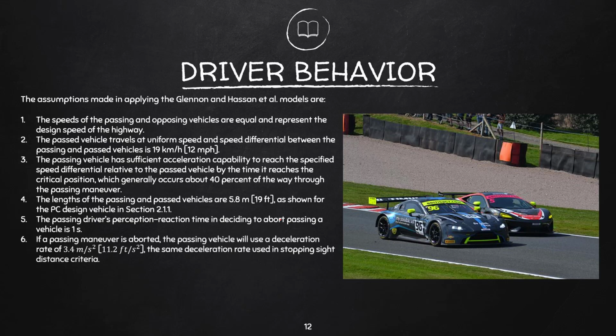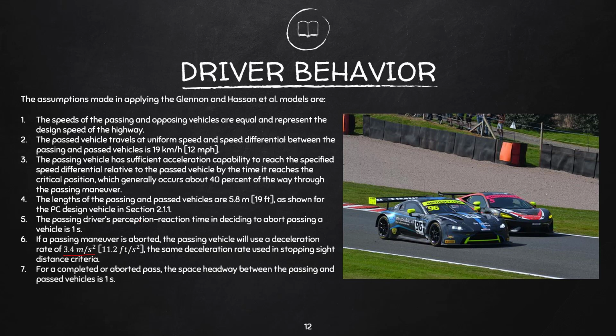Sixth, if a passing maneuver is aborted, the passing vehicle will use a deceleration rate of 3.4 meters per second squared. Okay? If the driver of the passing vehicle decides to abort the maneuver, he will decelerate at 3.4 meters per second squared, the same as the one we use in stopping sight distance.